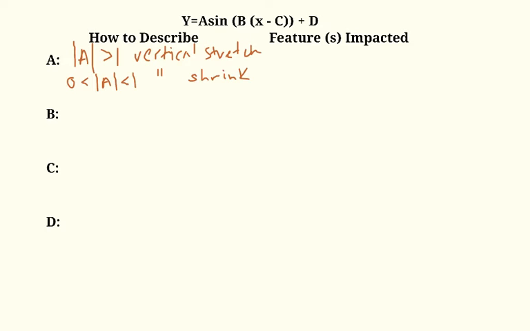The other important thing is that if a is negative, regardless of its value, if it's less than 0, then it takes our graph and reflects it, flips it upside down, so it reflects it over the x-axis. What that means is that maximums, things that used to be maximum heights, are going to become minimum heights and vice versa.